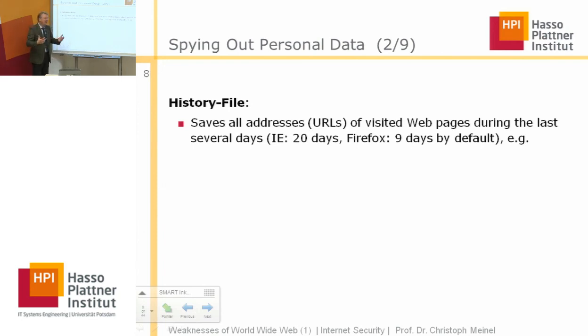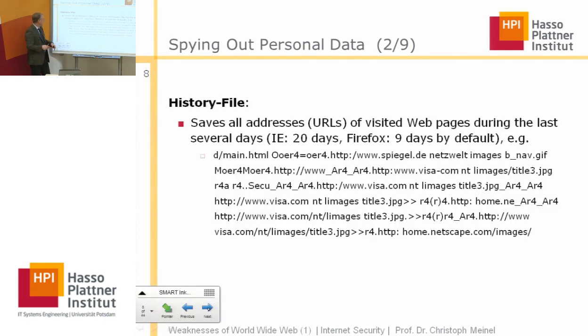The idea behind it is to make it easy for the user to access a website he has already accessed, found interesting, and wants to revisit. This is how such a history file looks like. They are exactly the URLs of all the pages that are visited by the user.